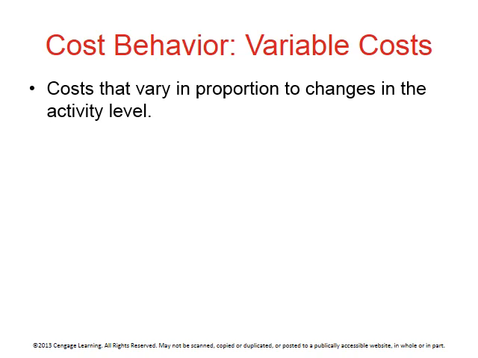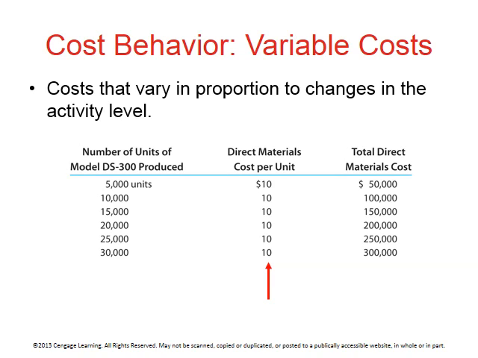Variable costs vary in proportion to changes in the activity level. So with variable costs, if we have more patients, our cost of food goes up. Here's an example. If we're manufacturing DS300 units, and our direct material cost per unit is $10, then every DS300 we make costs us $10 in direct materials. We manufacture 5,000 units times $10, so our direct materials cost is $50,000.